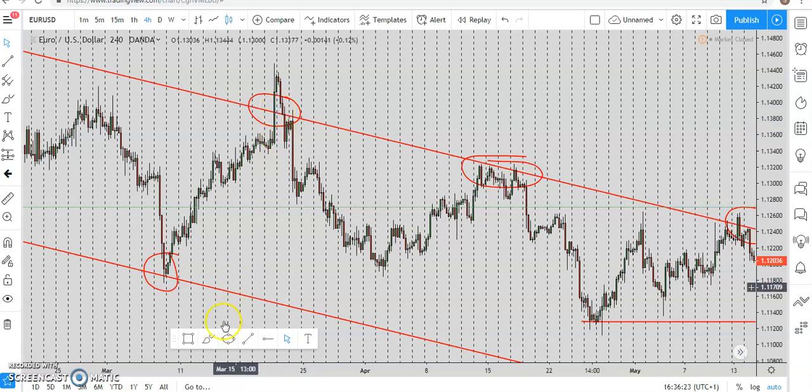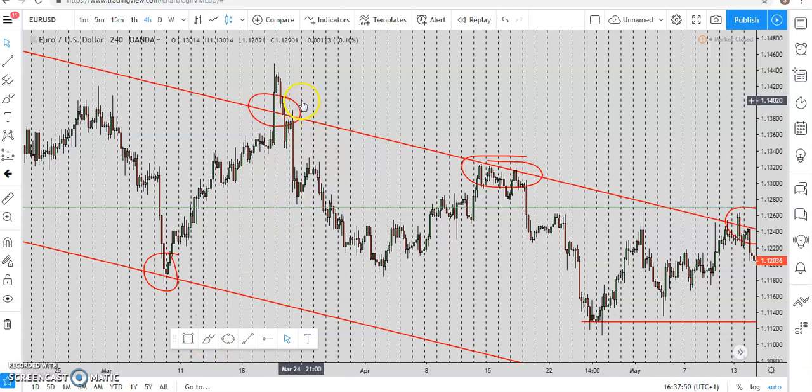This is to induce traders to go long, and then there is a reason why price broke up here but didn't continue, but rather moved down. All right, so these are some of the things that as a trader you need to know.